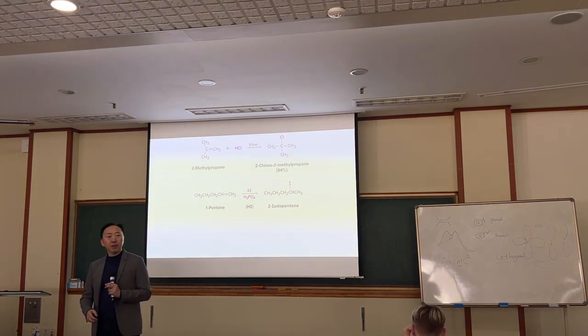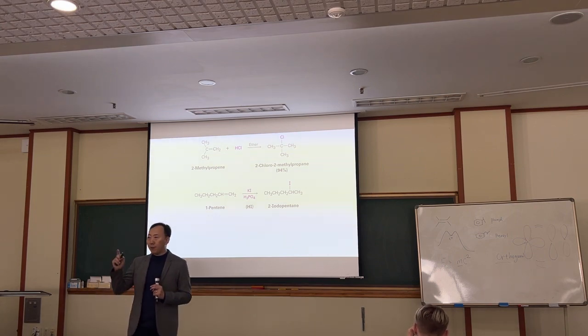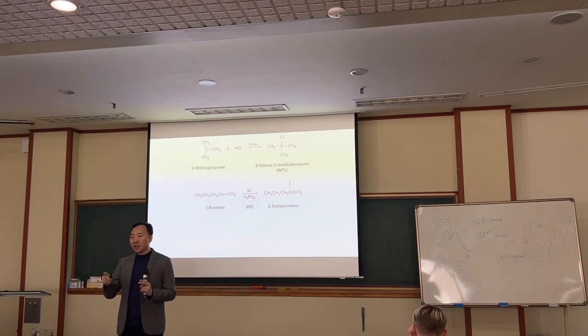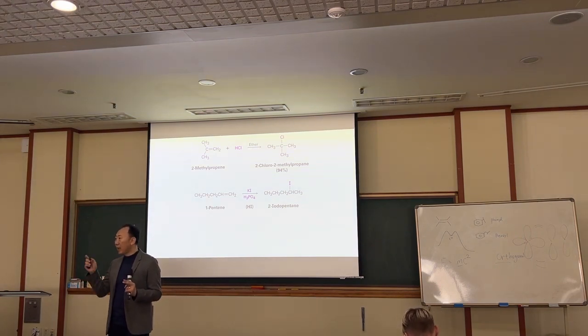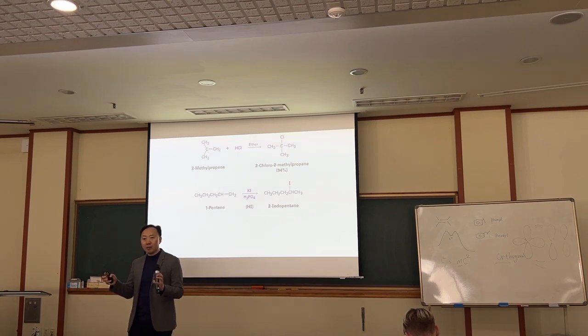So if you add acid to the alkene, it forms a carbocation. Previously we have seen trans-cis equilibrium by acid catalyst. By adding acid, it forms a carbocation intermediate, and it forms the trans and cis equilibrium back and forth. Acid, and which one is the nucleophile? That's the key point. Iodide can come back.